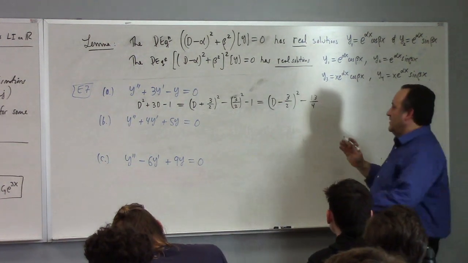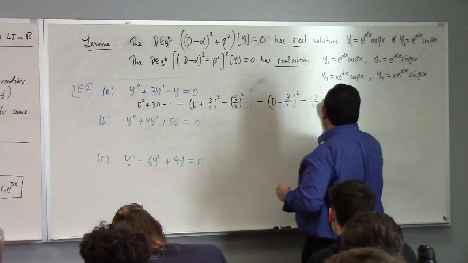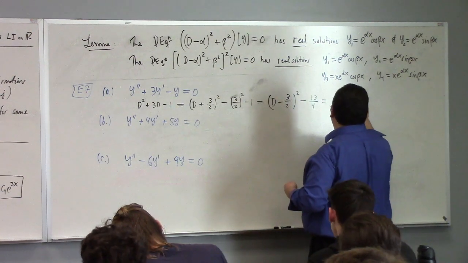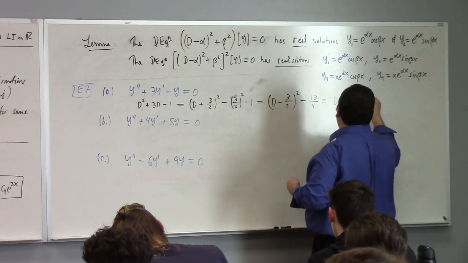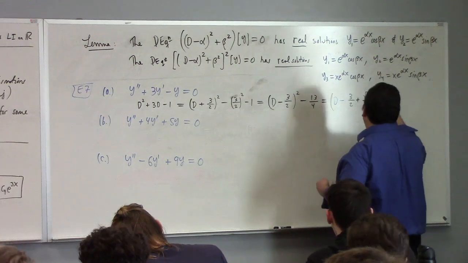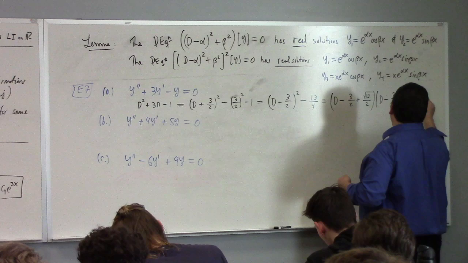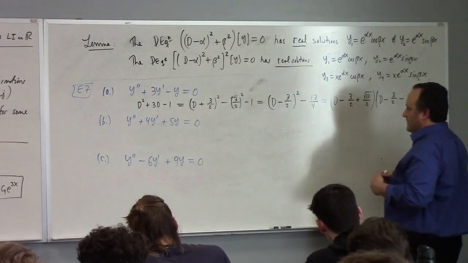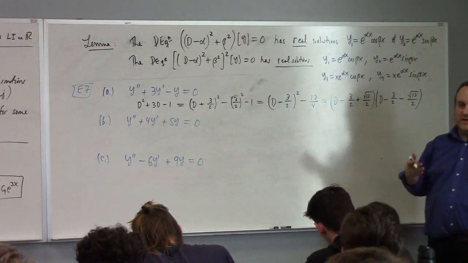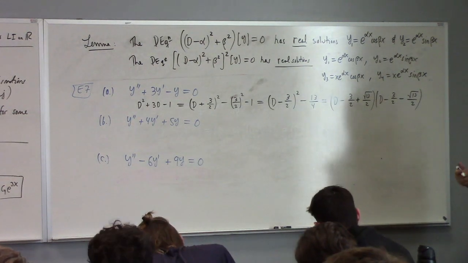Whenever we have the difference of squares, we can rewrite this as d minus 3/2 plus the square root of 13 over 2, and then d minus 3/2 minus the square root of 13 over 2. So if after completing the square we have a subtraction, then we can use this.